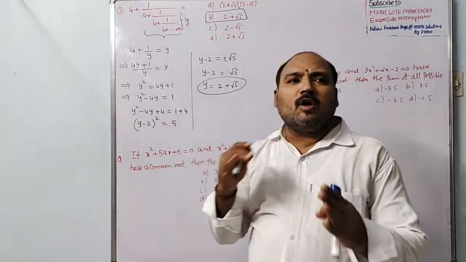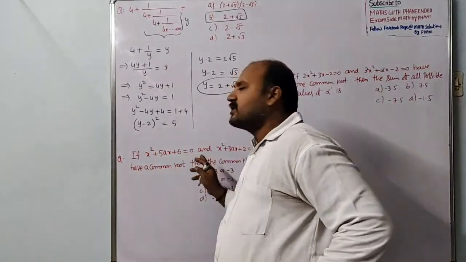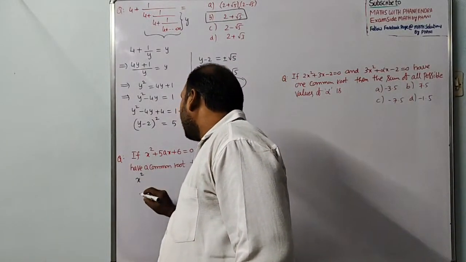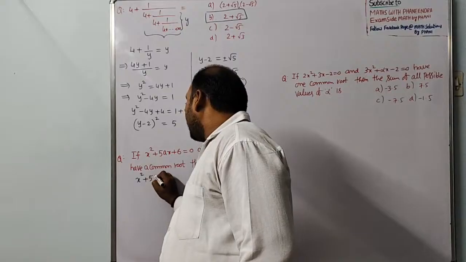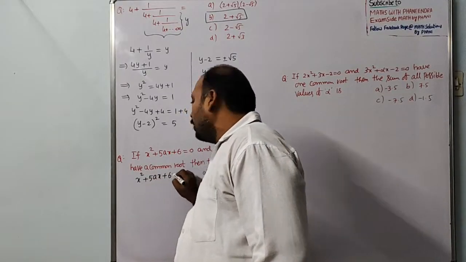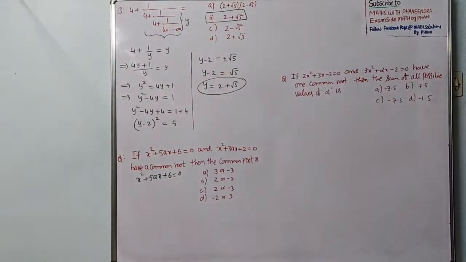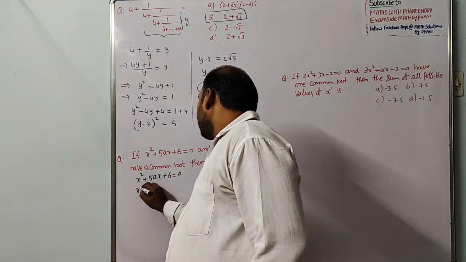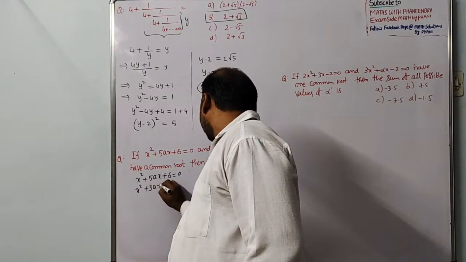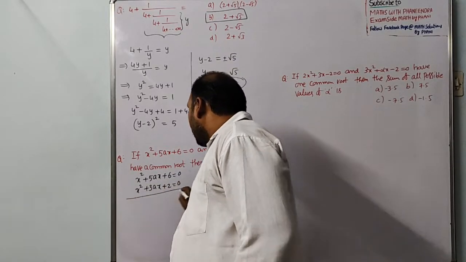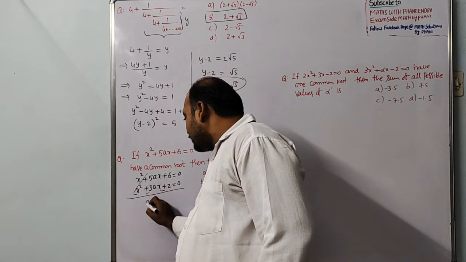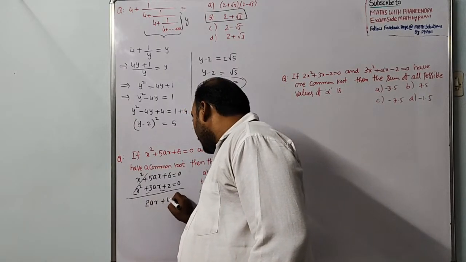So whenever there is a common root and their x square coefficients are the same, you can subtract one equation from the other, so x becomes a common root. x square plus 5ax plus 6 equal to 0, and x square plus 3ax plus 2 equal to 0. Now you can subtract one from the other. These two will be cancelled. 5ax minus 3ax is 2ax plus 4 equal to 0.